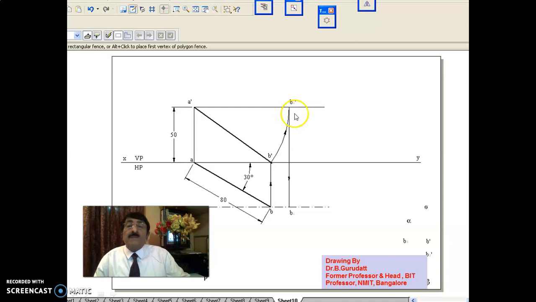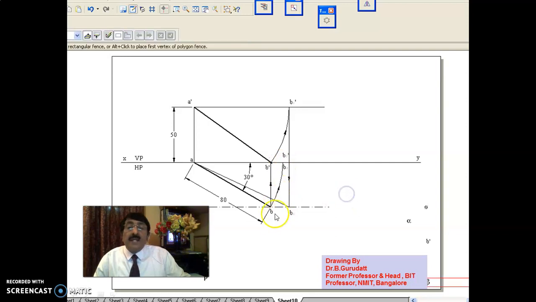This distance and this distance above HP are same, parallel to HP. Naturally, its true length should be seen in the top view. Otherwise, you make it as a rule: rotation of front view parallel to XY line, that is in this position parallel to HP, true length should be seen in the top view. Parallel to XY line and hitting against the locus, you should get the true length. And this will be true inclination phi.